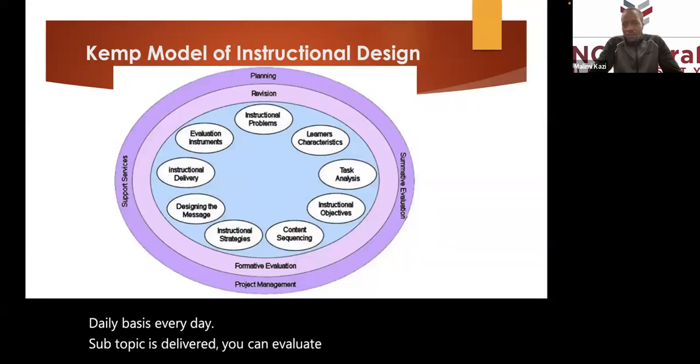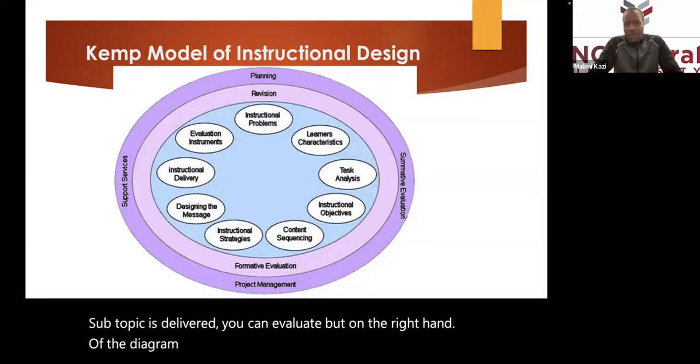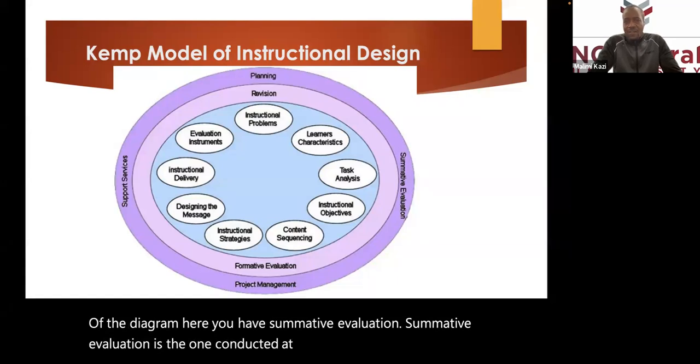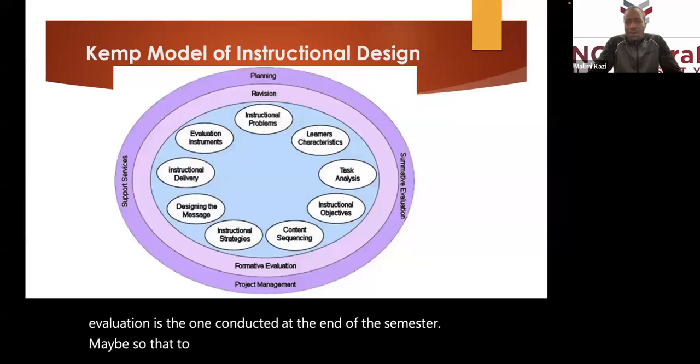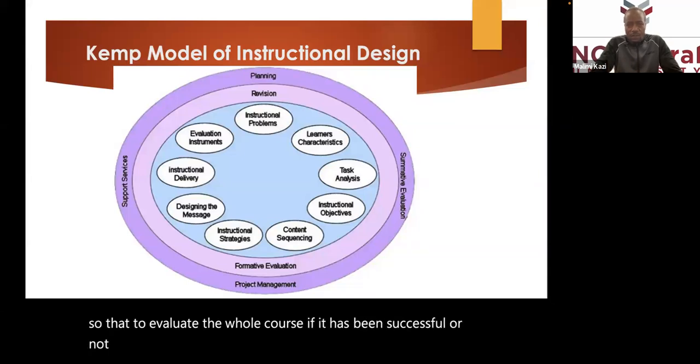But on the right hand of the diagram here, you have summative evaluation. Summative evaluation is the one conducted at the end of the semester, maybe, so as to evaluate the whole course, if it has been successful or not.